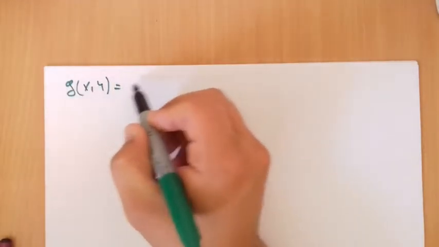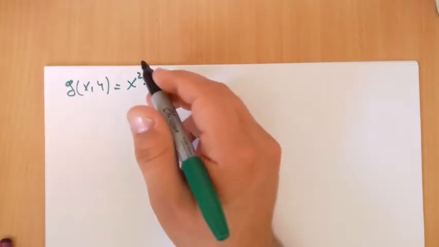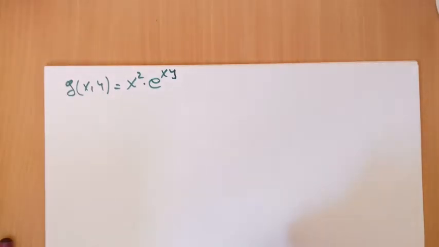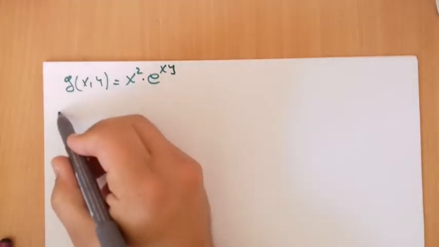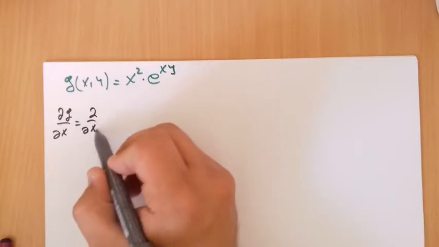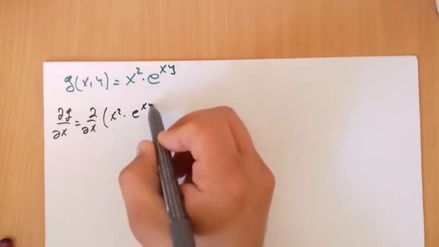Maybe I can do, for example, we have g, we call that g of x, y equals x squared times e to the power x times y. So we have partial of g partial of x, partial of x squared times e to the xy.